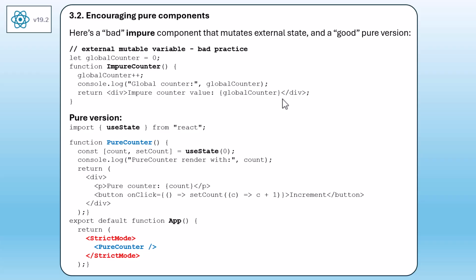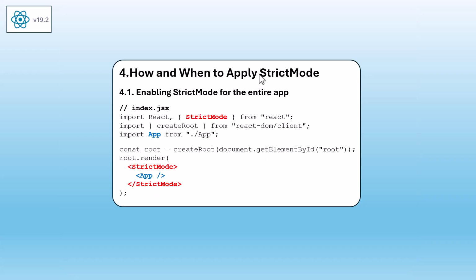It strengthens long-term maintainability. Since the code must withstand extra renders and internal checks, it becomes more resistant to future React updates, migrations, or refactors. 4. How and when to apply strict mode. Strict mode is not mandatory, but it is strongly recommended for new projects or early development phases.